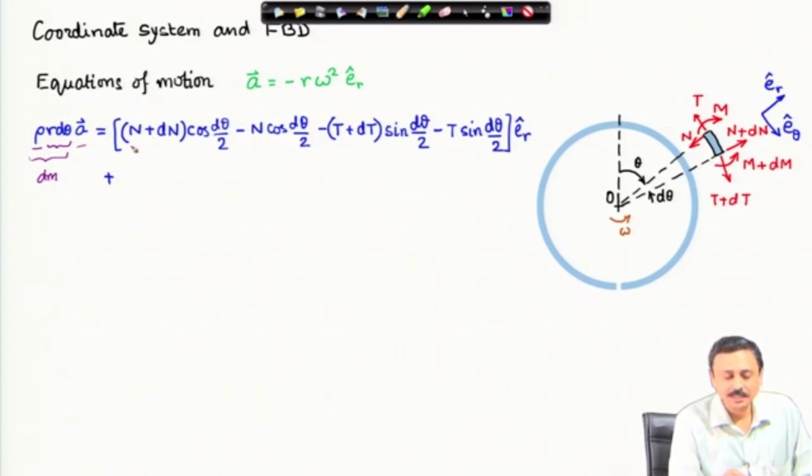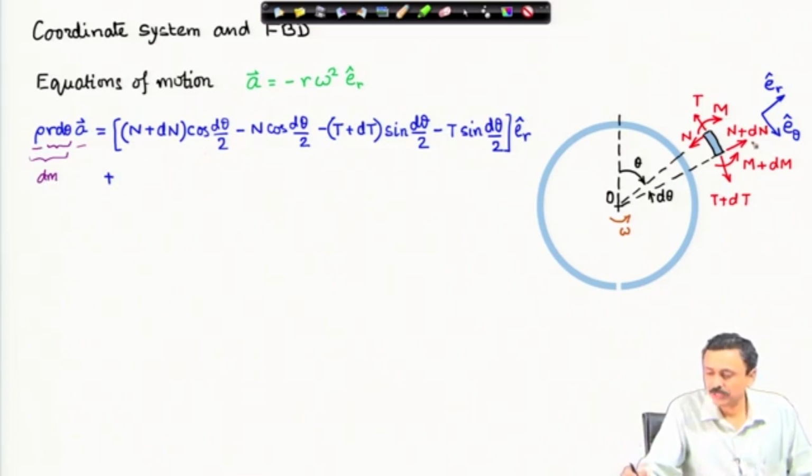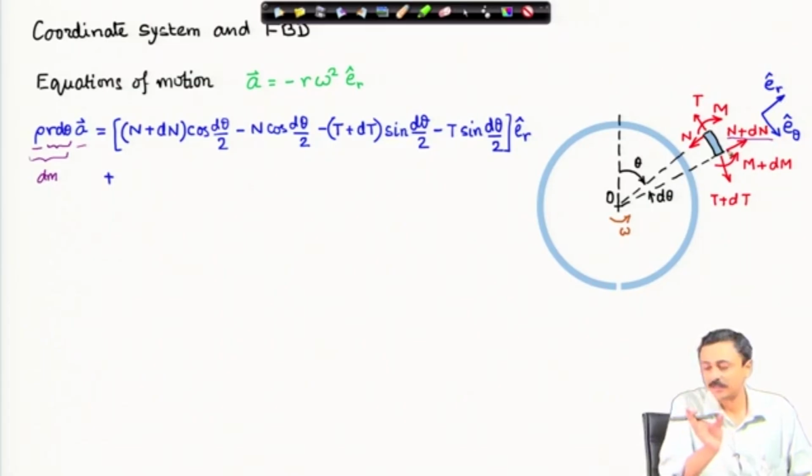Mass of the element times acceleration is equal to the net force on the element. What we have is the shear force, which is shown here at theta plus d theta, which is N plus dN. This has an inclination with the radial direction. You will notice that because of the angular extent d theta, or the length r d theta, there is an inclination of that cut face.